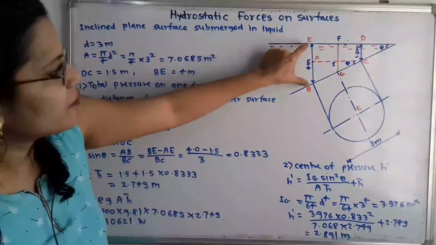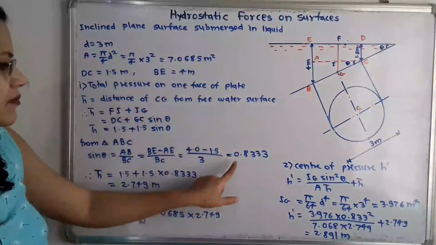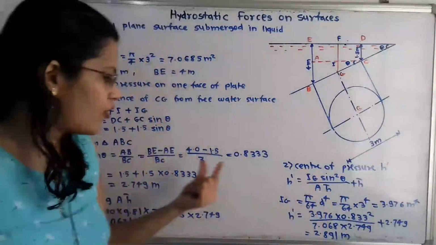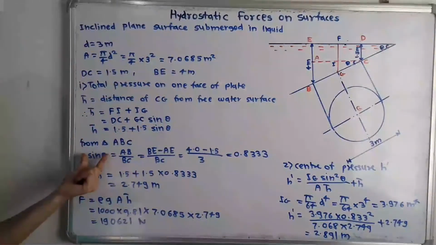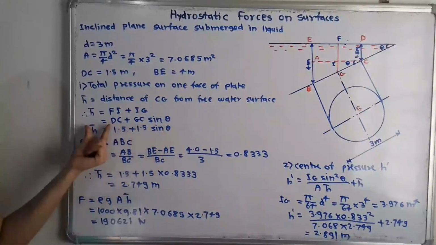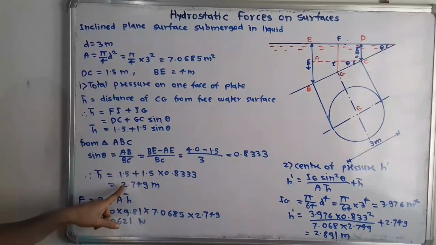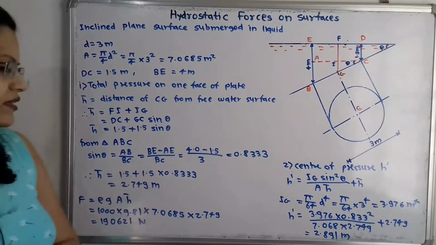So we can write 4 minus 1.5 divided by 3, which is equal to 0.833. So this is the value of sin theta, and now we can put this value of sin theta in this formula and calculate h bar. So h bar is equal to 2.749 meter.